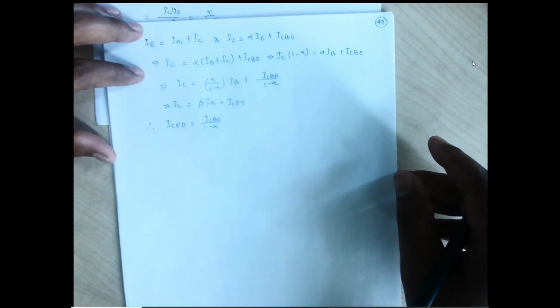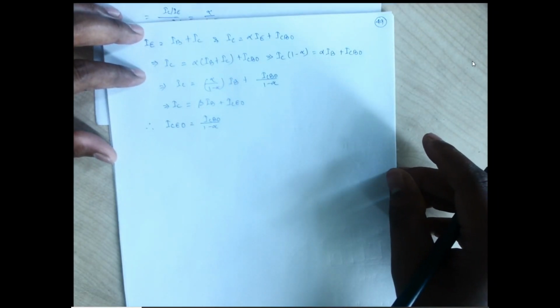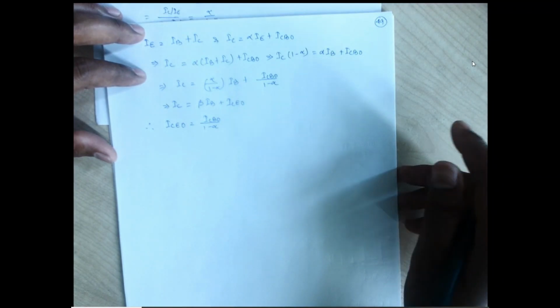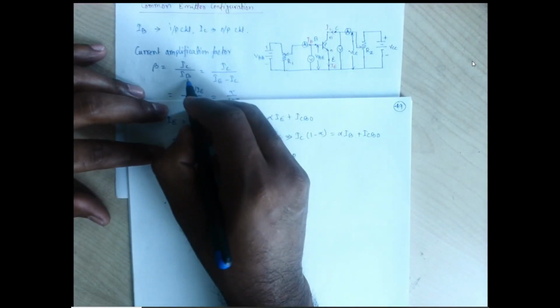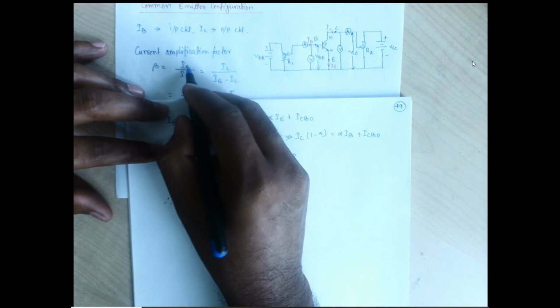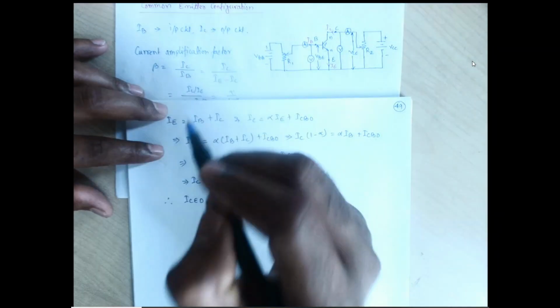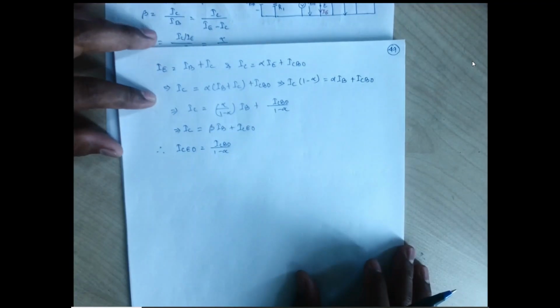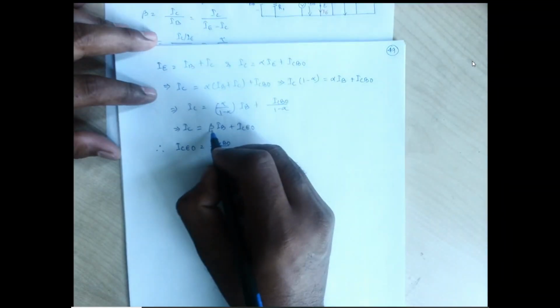Obviously in this case beta is quite large compared to the previous alpha of the CB configuration, because beta is IC by IB. IC is the output current, IB is the input current. IC is quite higher than IB because IC is a fraction of IE. So obviously this beta is quite higher.